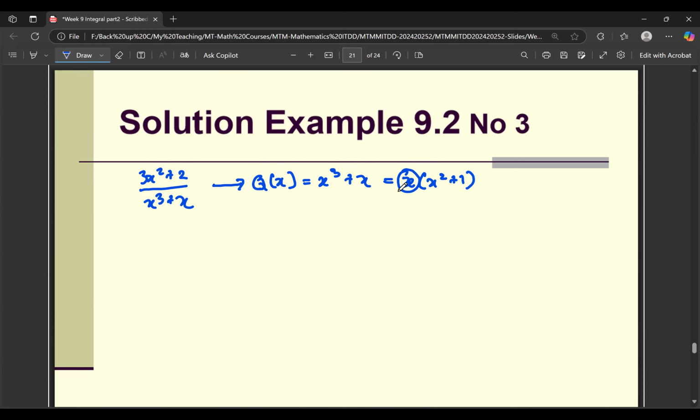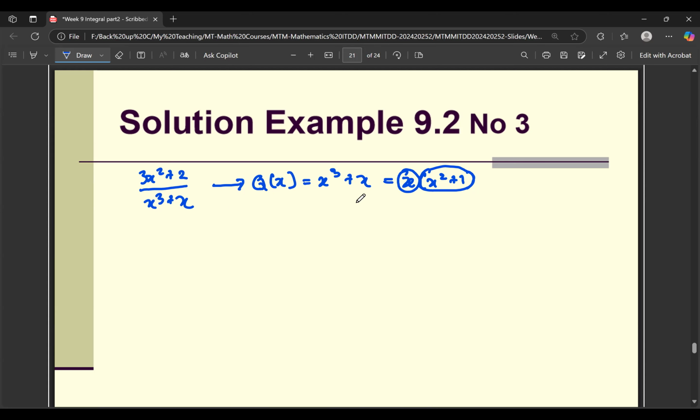We have this linear factor, and this is an irreducible quadratic factor, because we cannot factor it further.